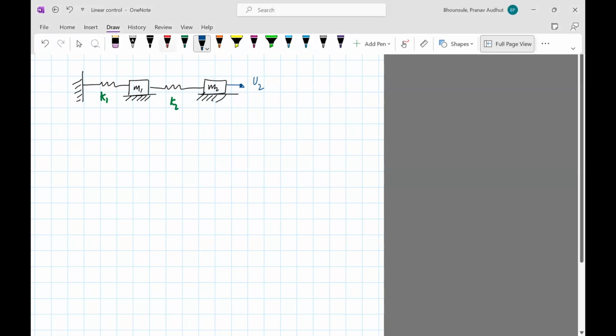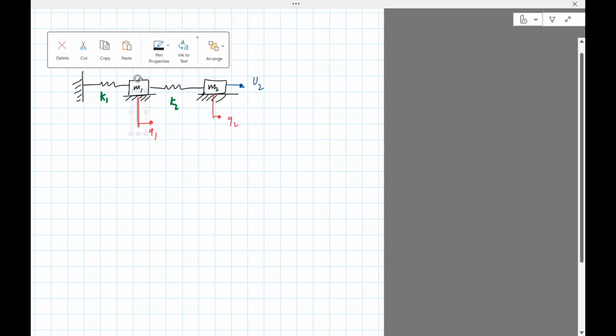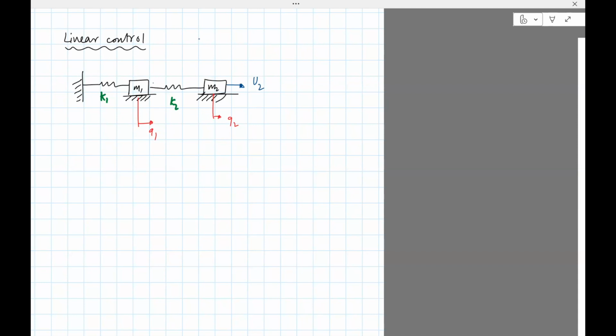Let's call, since there are 2 degrees of freedom, let's give them names Q1 and Q2. There's one more actuator here. There's one actuator which connects the 2 masses. So U2, so U1.